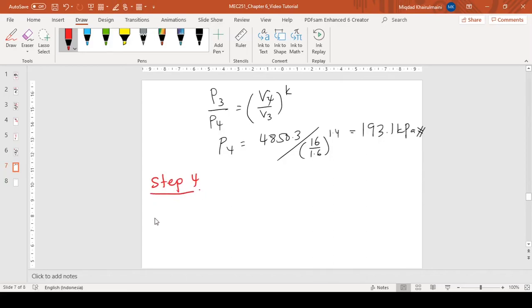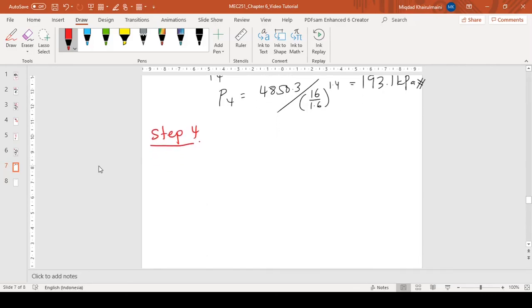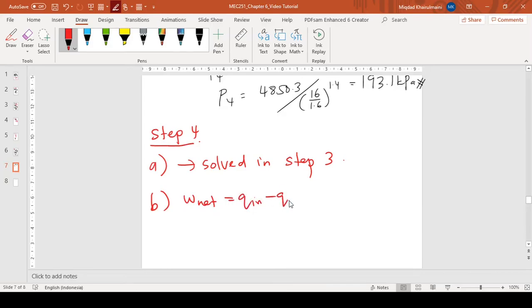For step number 4, item A was to find all the temperatures and pressures at the end of each state, which has been solved in step 3. For B, which is to calculate the net power produced, we have already written the equation just now, so we have to calculate the amount of heat added individually, in units Kelvin.